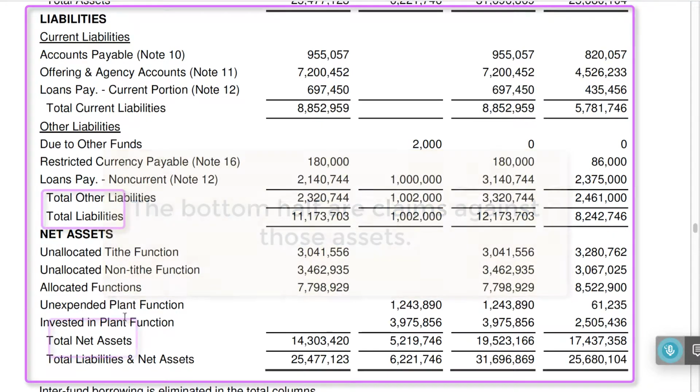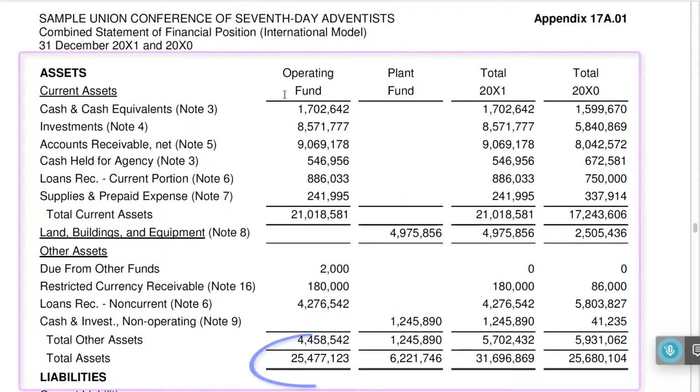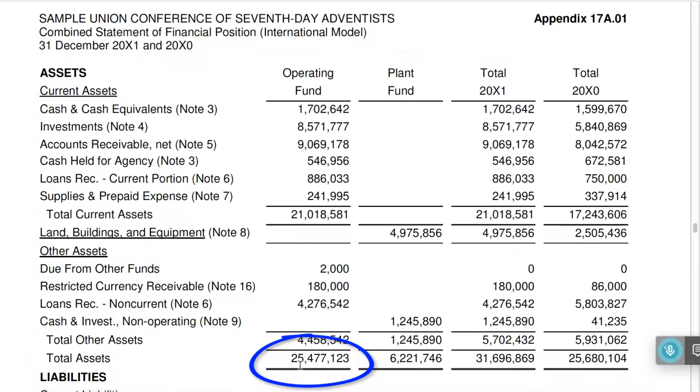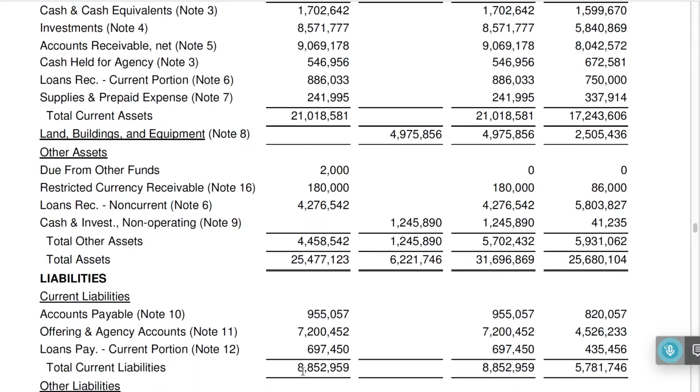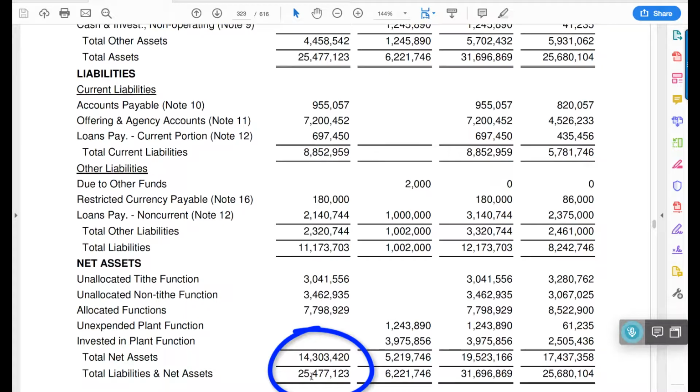Liabilities and net assets. So we have the assets totaling 25,477,123. So total assets of 25,477,123, and the claims against them, 25,477,123. It is a little bit logical that they should be the same.